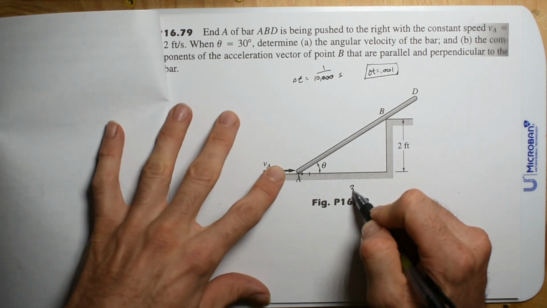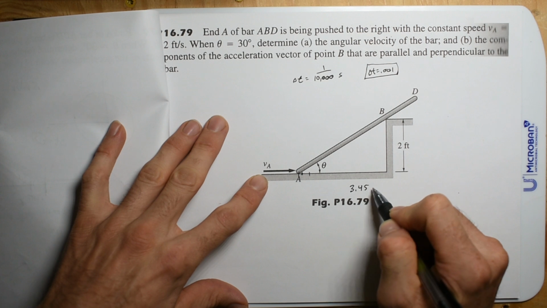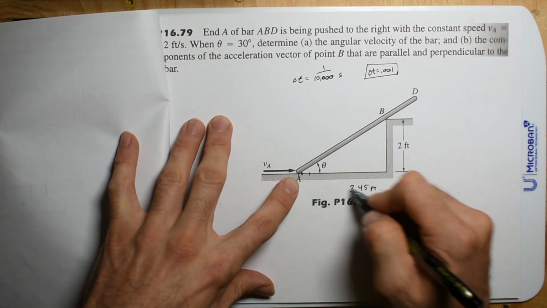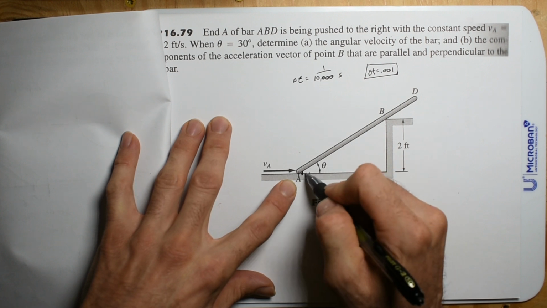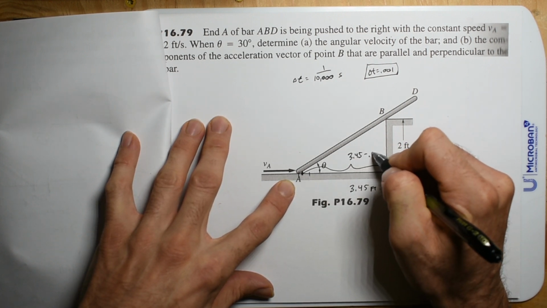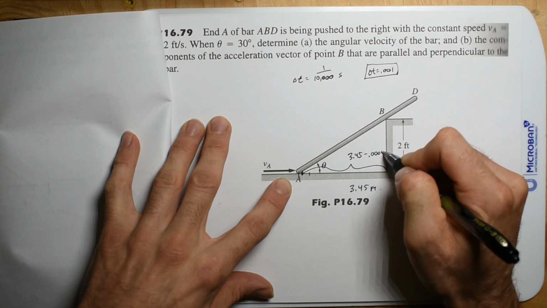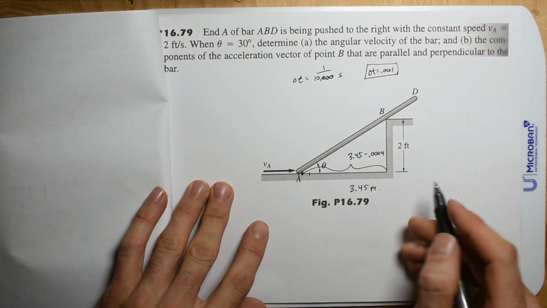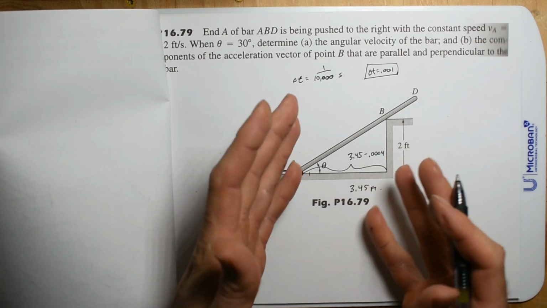So if this distance is like 3.45 feet, and then this change in distance goes to there, now this distance is going to be like 3.45 minus 0.0004. And you're just like, there's no feel for the problem.